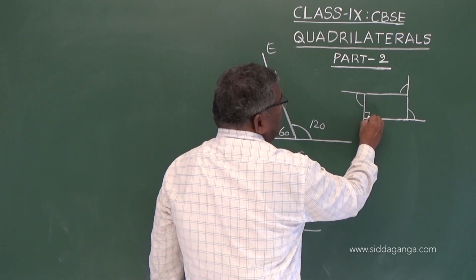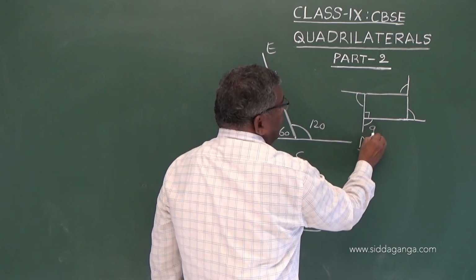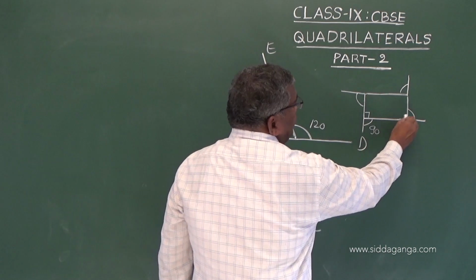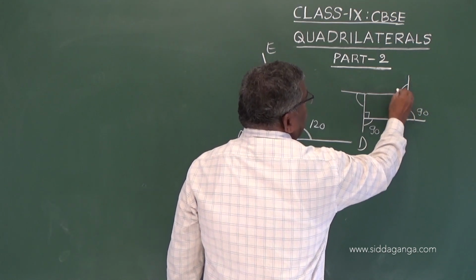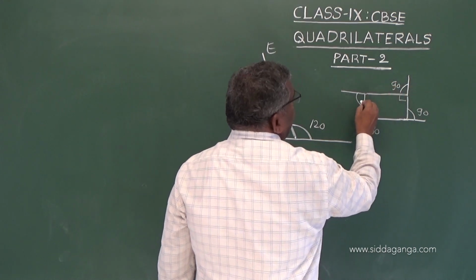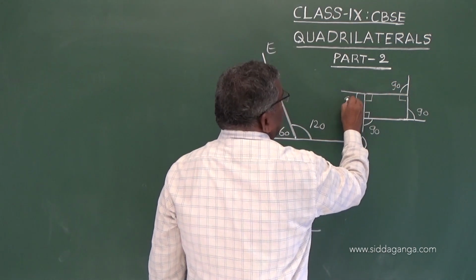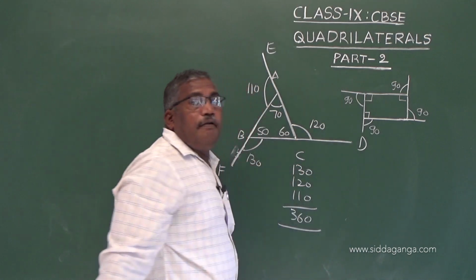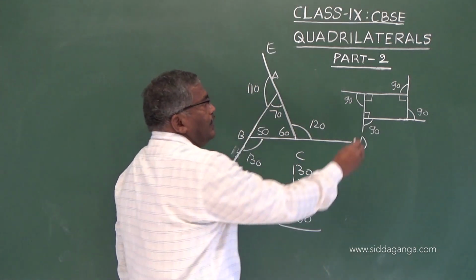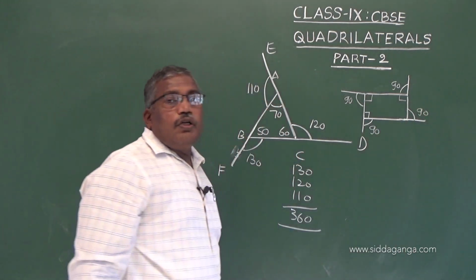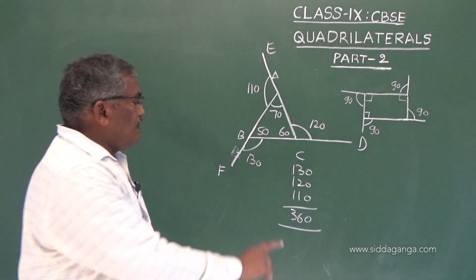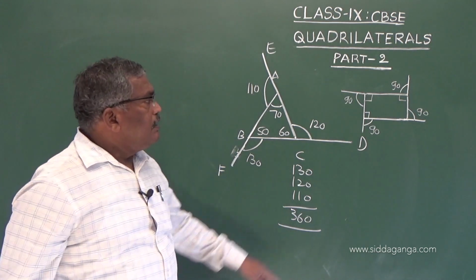You know that this interior angle is 90 degrees, therefore this exterior angle is also 90. Similarly for all the corners. Now observe, 90, 90, 90 and 90. The total will be 360. In the triangle also it is 360.